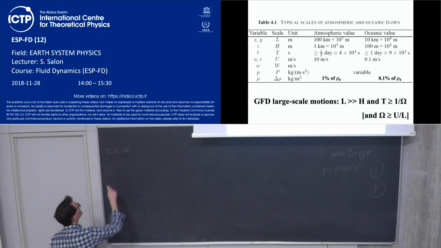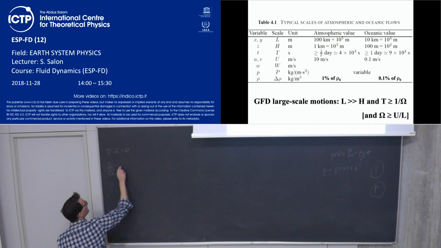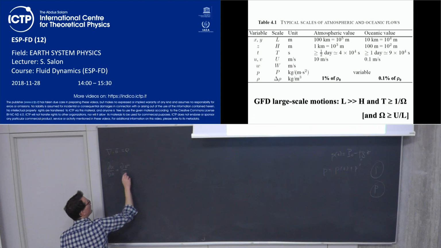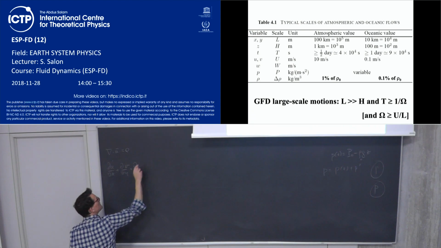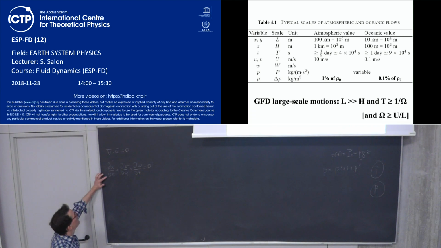So let's start from the continuity. So we have du over dx plus dv over dy plus dw over dz, which is equal to 0. So now we will do the scale analysis. Okay? So what is the scale of u?